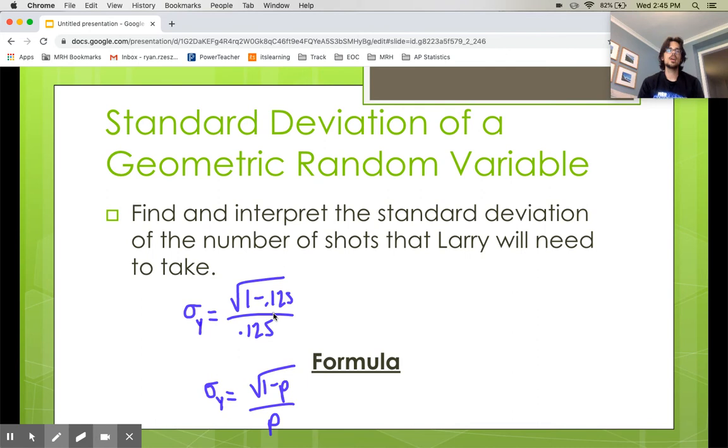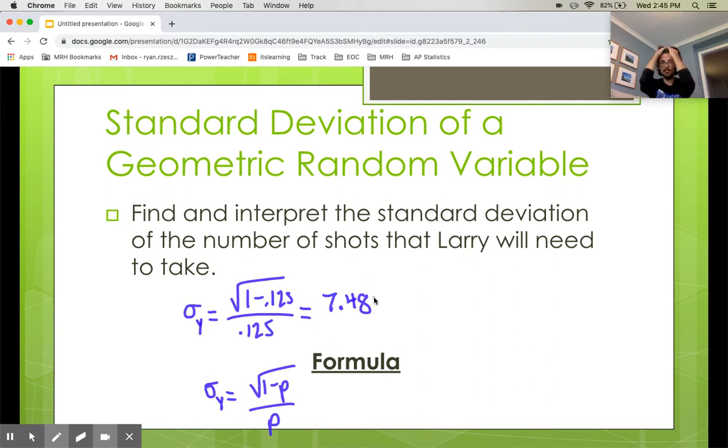And if you actually calculate this, it looks like you're going to get 7.48. So that's a pretty large standard deviation compared to what we saw on some of those binomial problems we were doing.